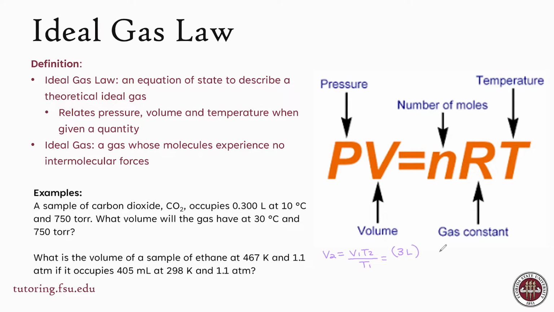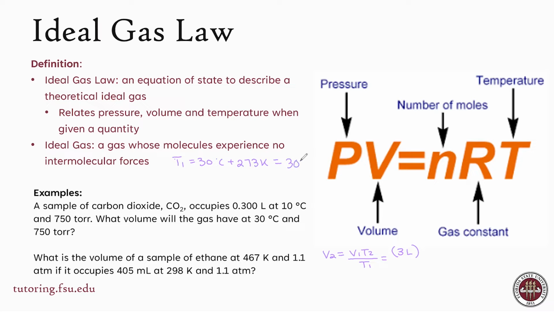And now the trick is, whenever we're using the ideal gas law, this R is always given in units of Kelvin. So even though we're not even using the R, whenever we talk about gases, we want our temperature to be in Kelvin. So let's change that out really quick. So we know that T2 is equal to 30 degrees Celsius. And to change from Celsius to Kelvin, we just add 273.